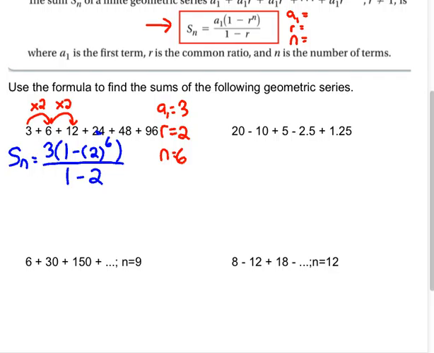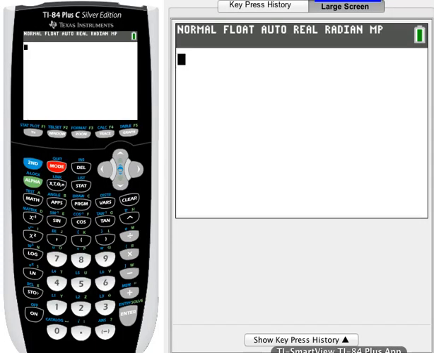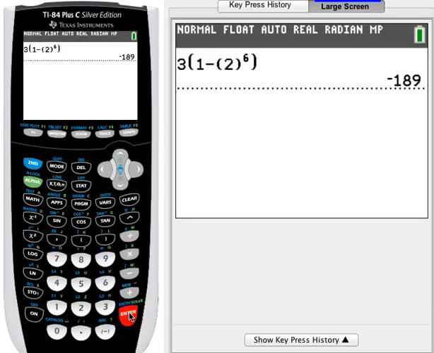So in the calculator, I'm going to type in that whole numerator. 3 times 1 minus the rate to the nth power, end parenthesis. All right. If you type it in exactly as I have here, using those parentheses every single time, that will give you the numerator, okay?